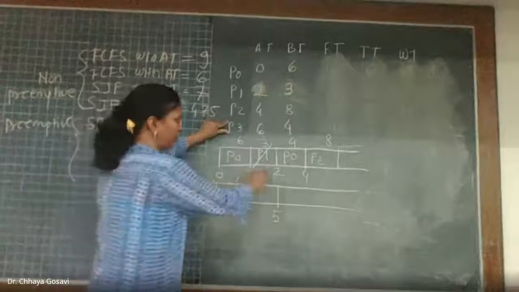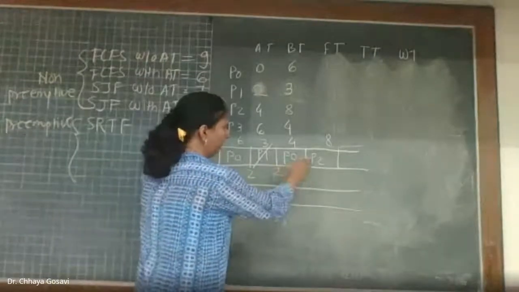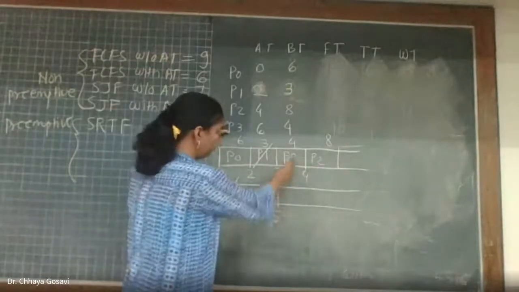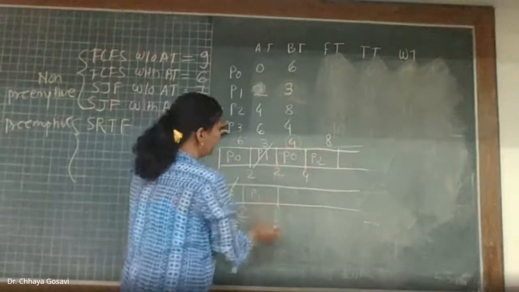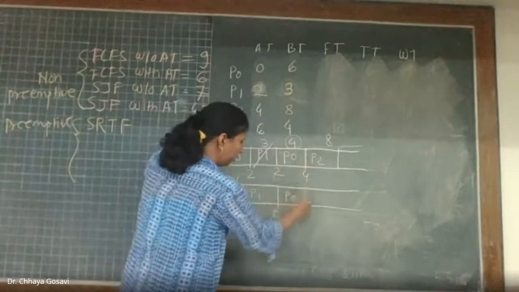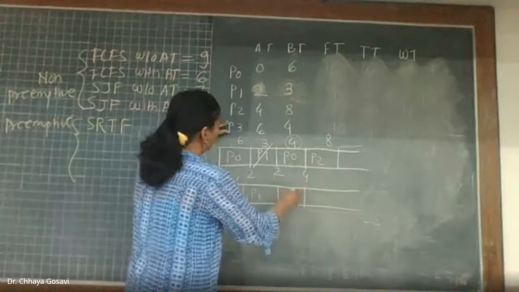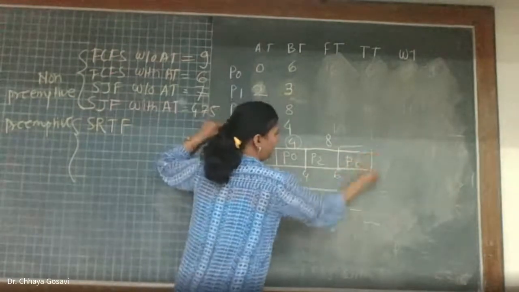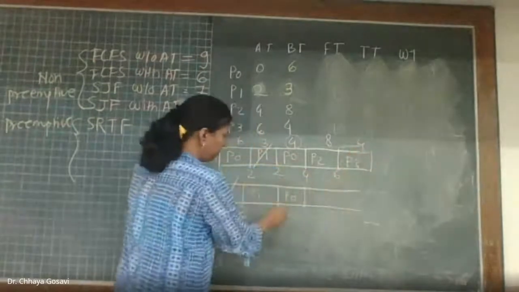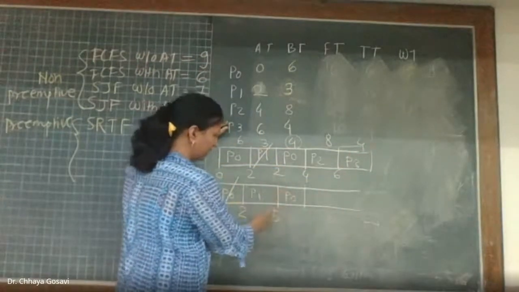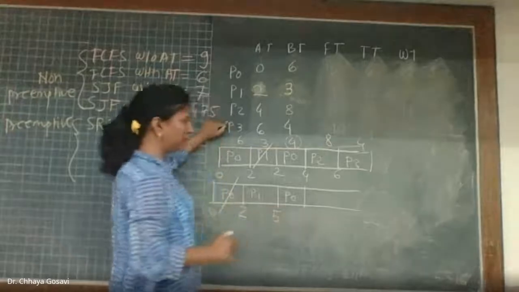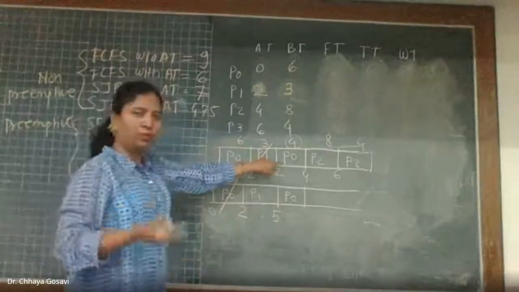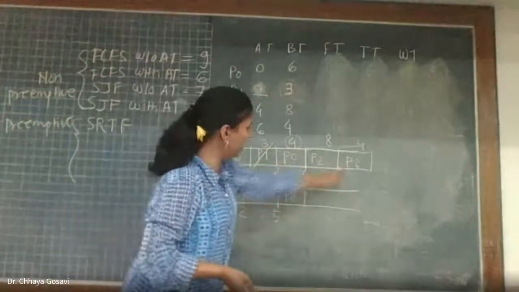So there are 2 processes in the queue, P0 and P2. So the shortest job is P0, so P0 will continue. Now at 6, P3 arrives with burst time 4, but P0 has finished 1 cycle, that is, the remaining time of P0 is now 3, which is less than the currently arrived process.